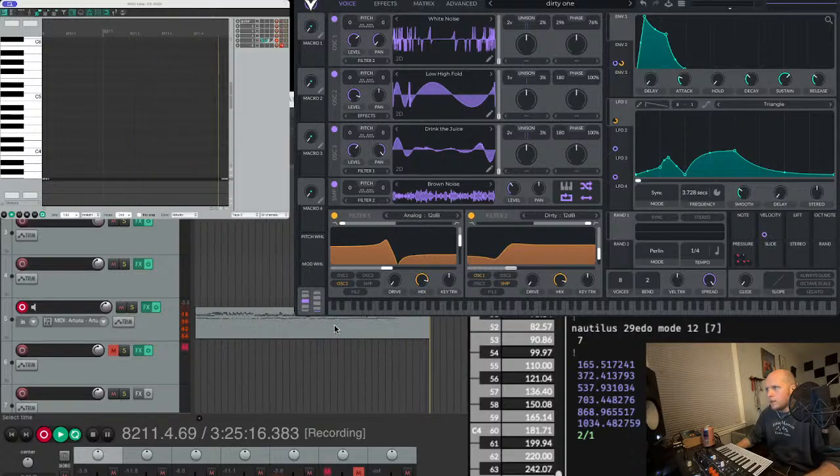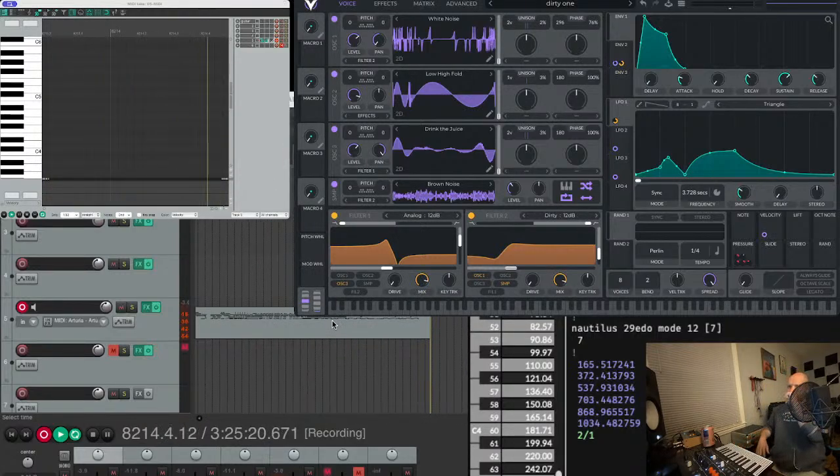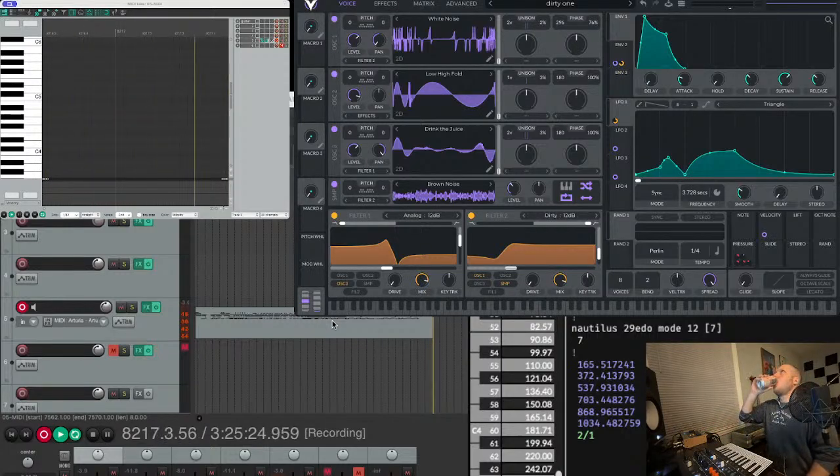I haven't really narrowed down anything, but it's kind of nice to just jam on it. The fact that it's a smaller scale makes it pretty playable on this little tiny keyboard.